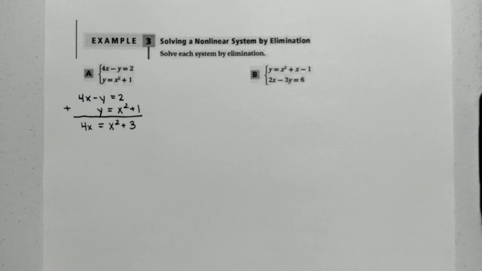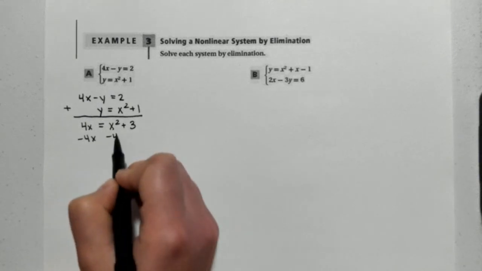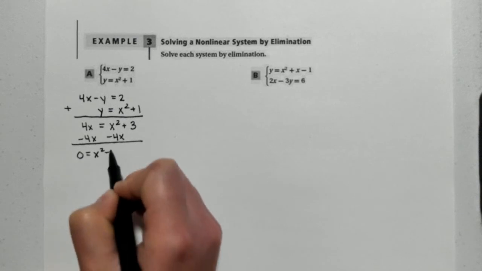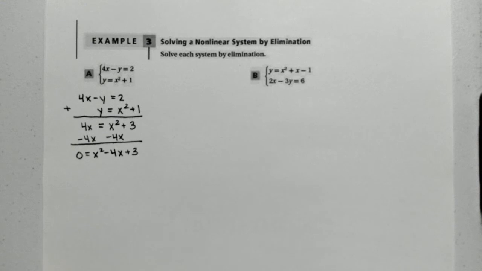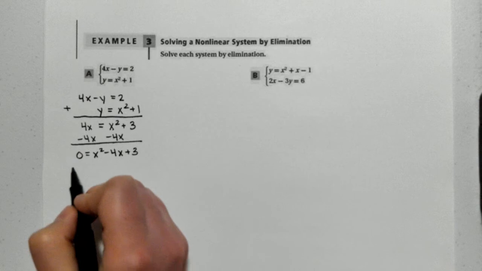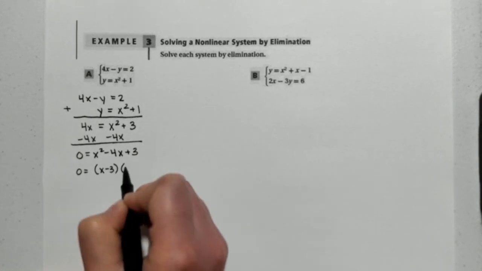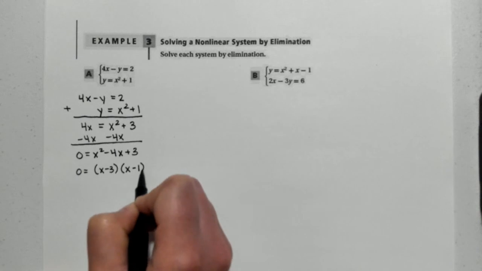So now I'm going to rewrite this in standard form. So I'm going to subtract the 4x from both sides. So I'm going to get 0 equals x squared minus 4x plus 3. There's no GCF here, but this equation can be factored. So I'm going to rewrite it as x minus 3 times x minus 1.